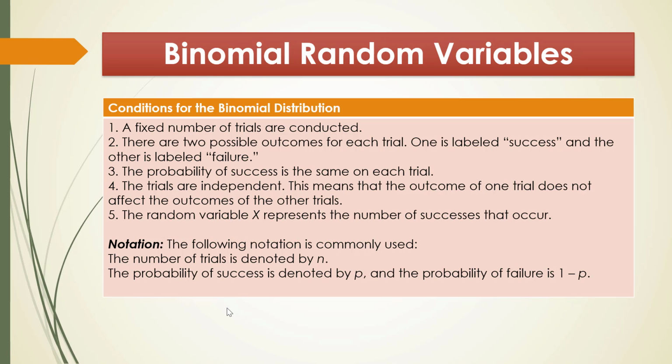The last condition is the random variable X represents the number of successes that occur. So to verify whether a random variable follows a binomial distribution, we basically verify these 5 conditions. And for convenience, we use n as a notation for the number of trials, and p is the probability of success. 1 minus p, the probability of the complement event, is the probability of fail.